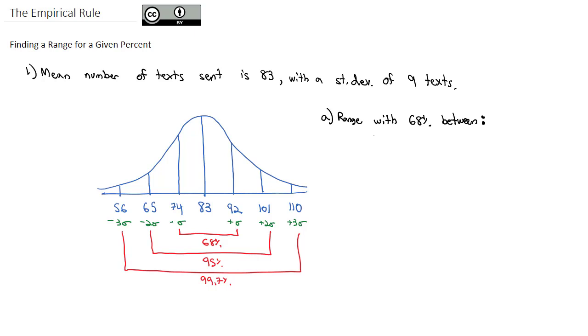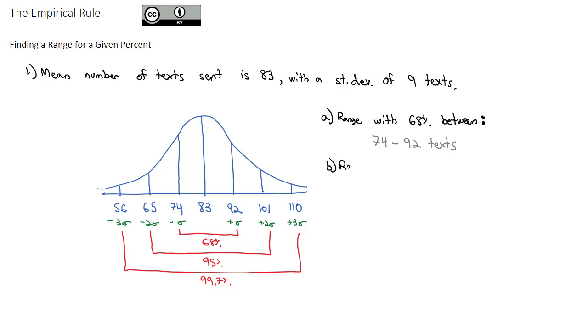I know that days between 74 and 92 text messages sent, if I just look at those days, that's going to be 68% of days for this person. 68% of days have text messages between 74 and 92 sent.